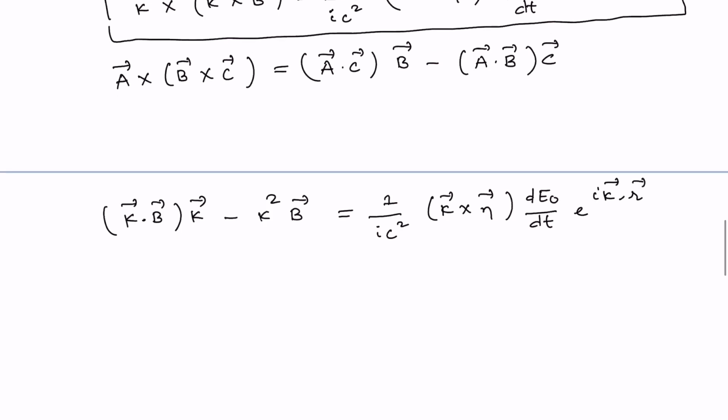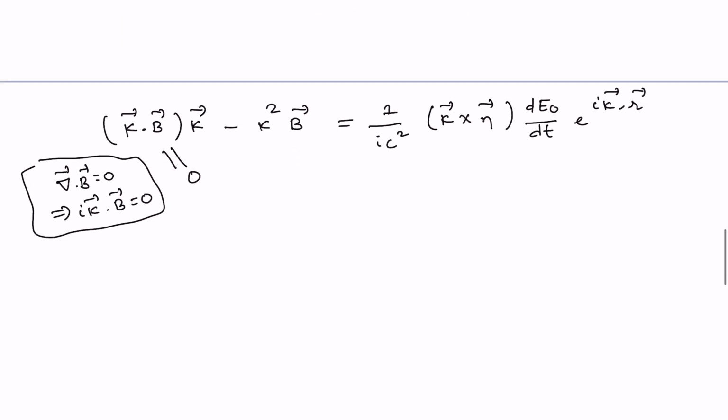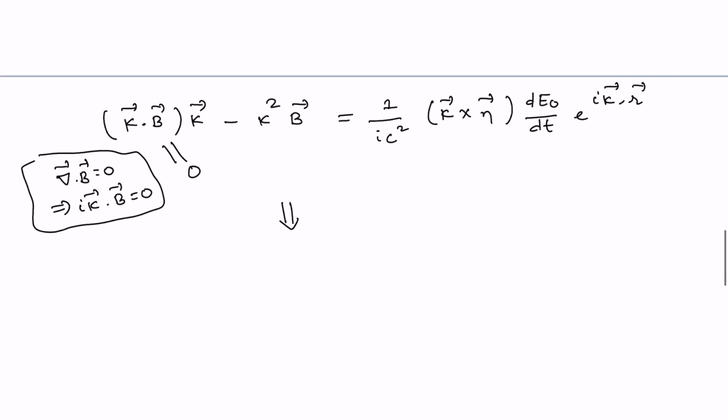Because divergence of B is equal to 0, which means i k dot B is equal to 0, this particular quantity is going to be 0.